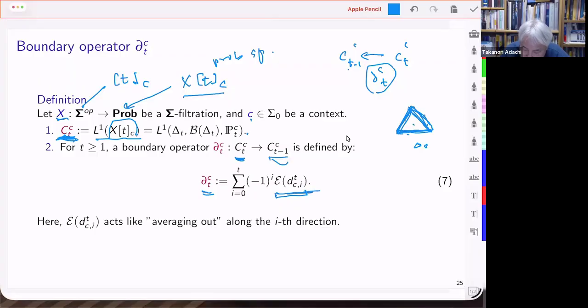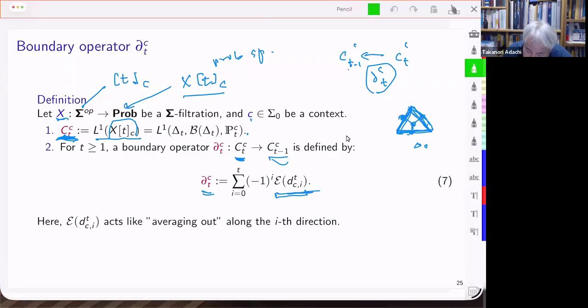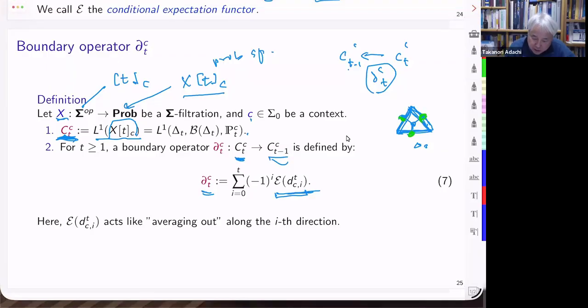So this is a conditional expectation projection, and this is also a projection. These three, we take an alternating sum, with the factor (minus one)^i. This alternating sum is very natural in algebraic topology.